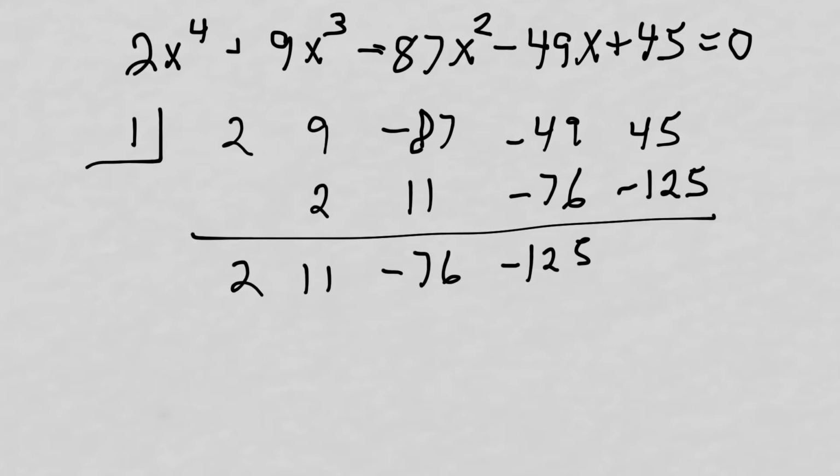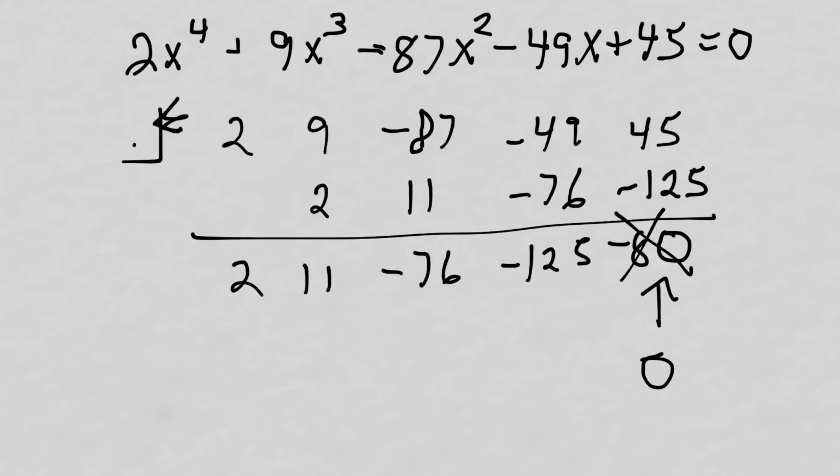We add those together. You can see when you add these together, you don't get 0. The answer there is going to be negative 80. That's not what we want. This is the remainder here. We want it to be 0. So this 1 does not work as a 0.